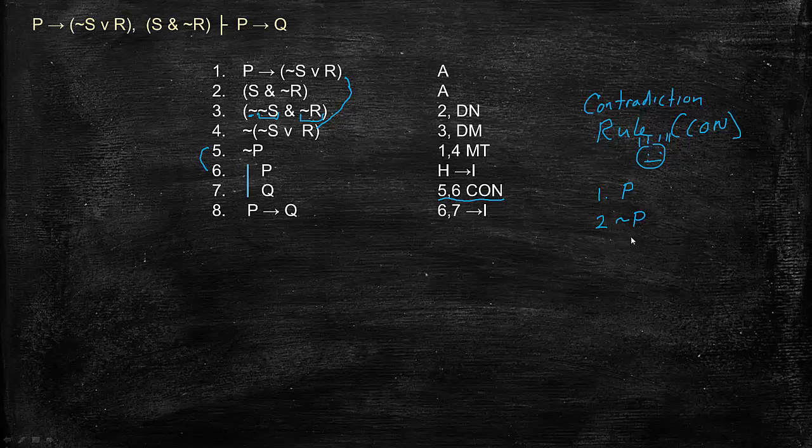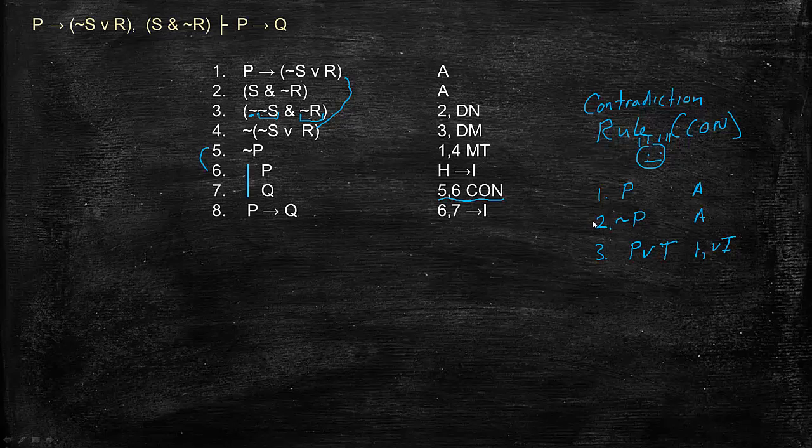That is a contradiction. Now, let's prove anything we want not using the contradiction rule. On line 3, I'm going to write P or anything I want. So what I want is T. I've just pulled that out of the air, by or introduction on 1.